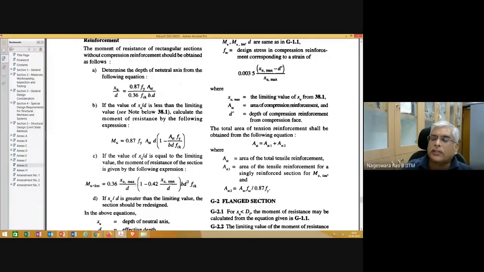Lever arm distance we have seen how to calculate. You just substitute for the limiting case XU equal to XU max and cross check whether this relation is correct or not before you come for the next class.